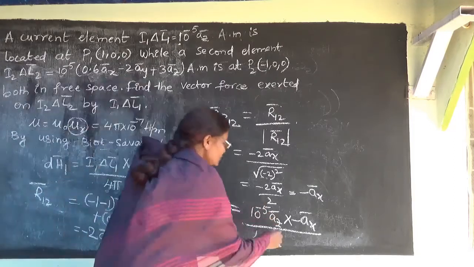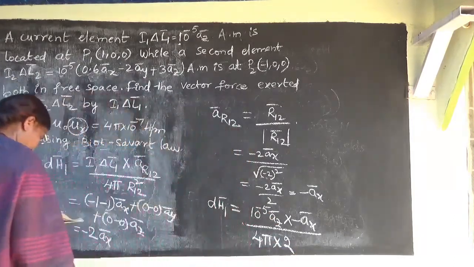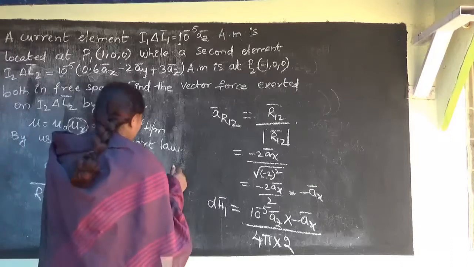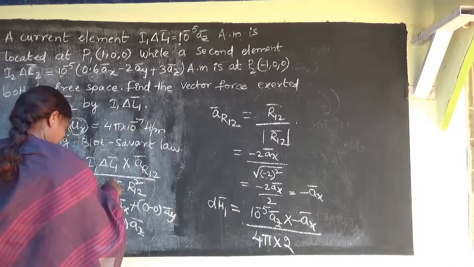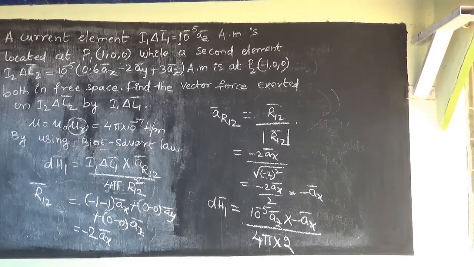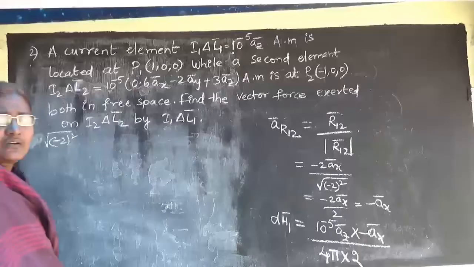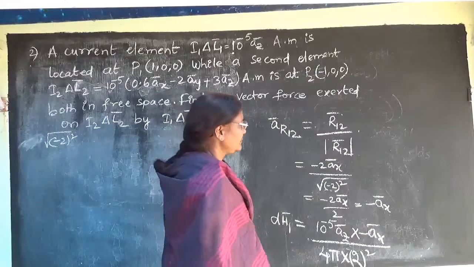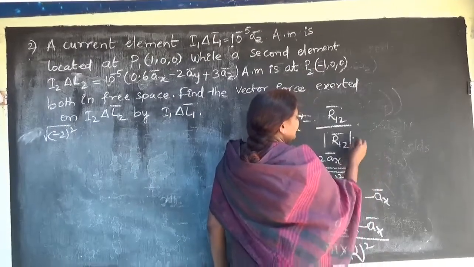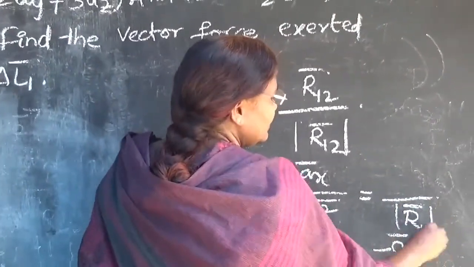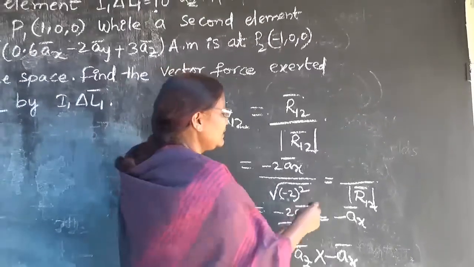Which is going to be 2. So this is 4 pi R square, because this is the value of R12 bar magnitude.